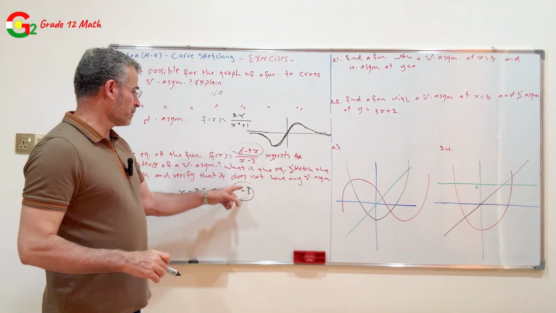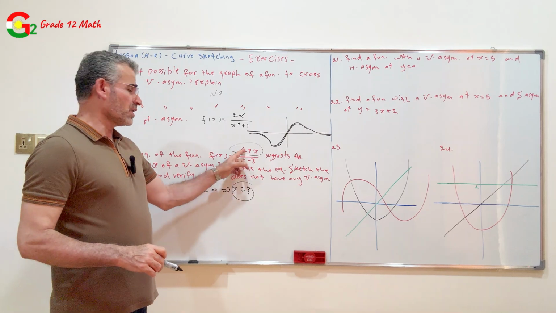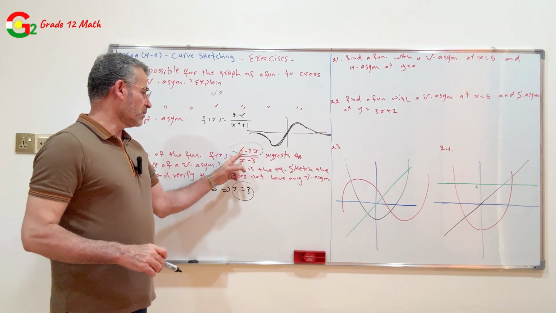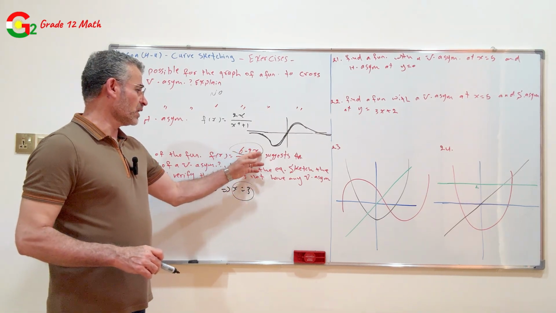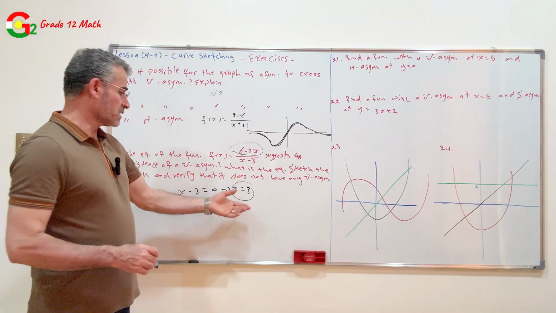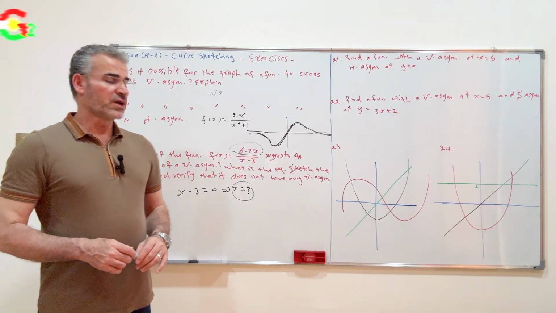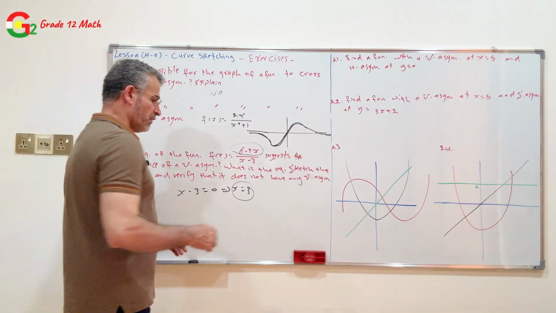But if we substitute x equals 3 in the numerator, we see that the numerator is 0: 6 minus 2 times 3 is 0. Therefore, x equals 3 is not a vertical asymptote for this function.